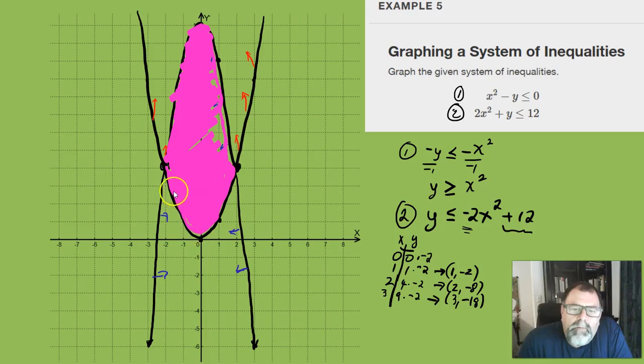But anyway, whatever you want to call this color, it's that colored region. I think I overloaded my computer there. Okay, so that's our solution set, this kind of reddish fuchsia or whatever it is. Basically, it's inside both of those parabolas, and that's the solution set.